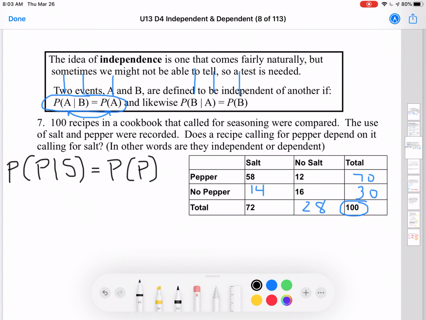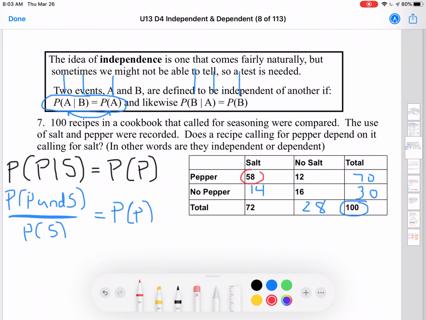I change over the conditional to the probability of pepper and salt divided by the probability of salt, and then we're setting it equal still to the probability of pepper. So it includes yesterday's lesson. So the probability of pepper and salt, so pepper and salt is right here.